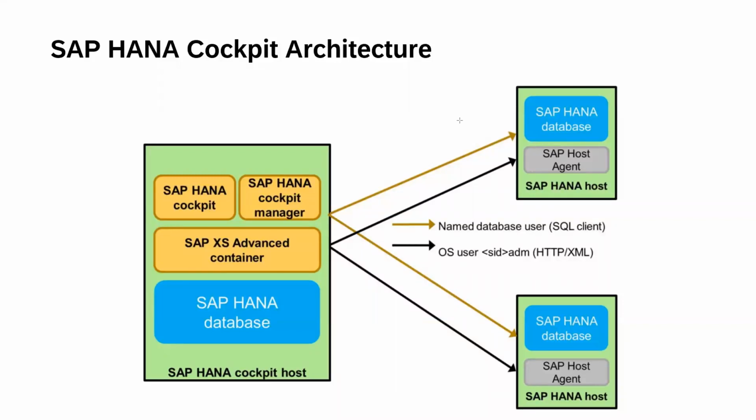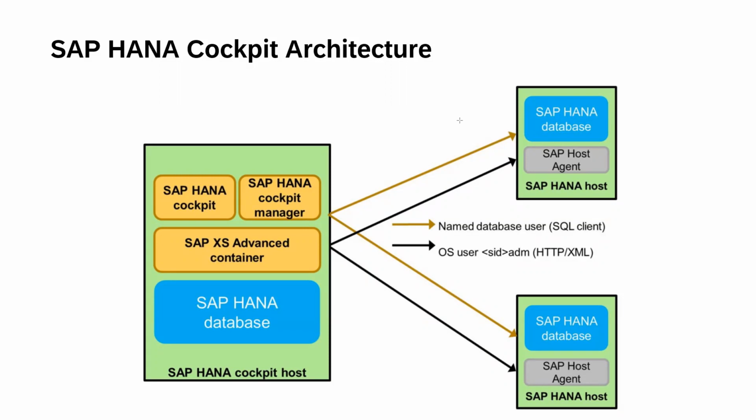One of the main differences is the application platform. HANA Studio is developed under Eclipse, a programming tool. Whereas HANA Cockpit is purely on an HTTP interface.